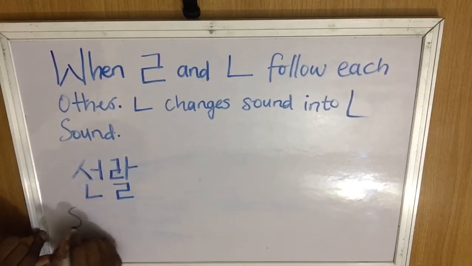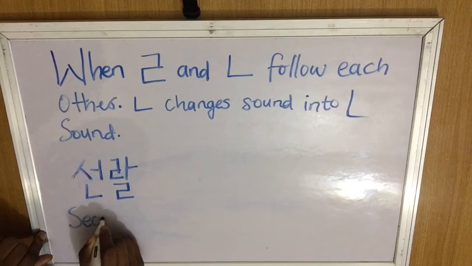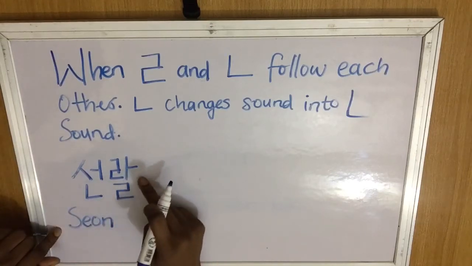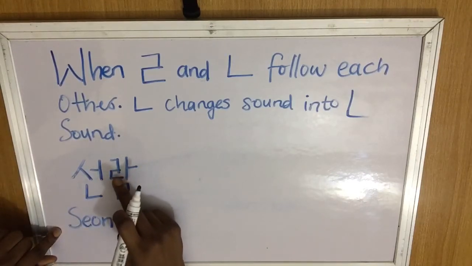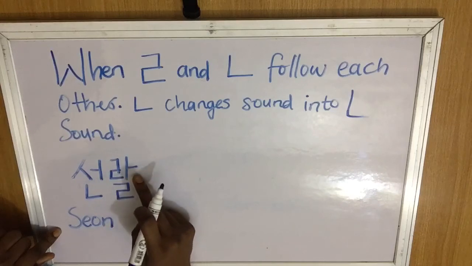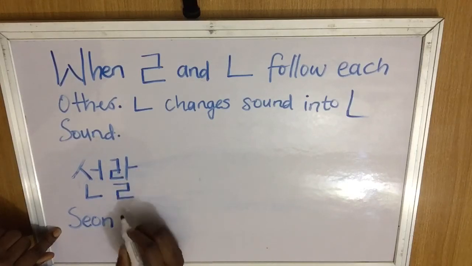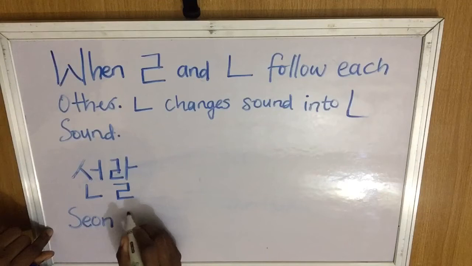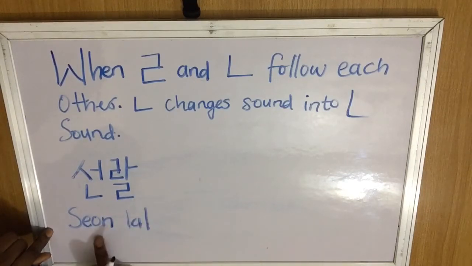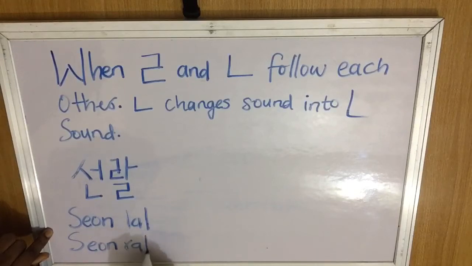Here we have son, then this is rieul with an R sound, then rieul. So some people might say sonlal, and some people might say sonrai. Sonlal and sonrai are wrong.